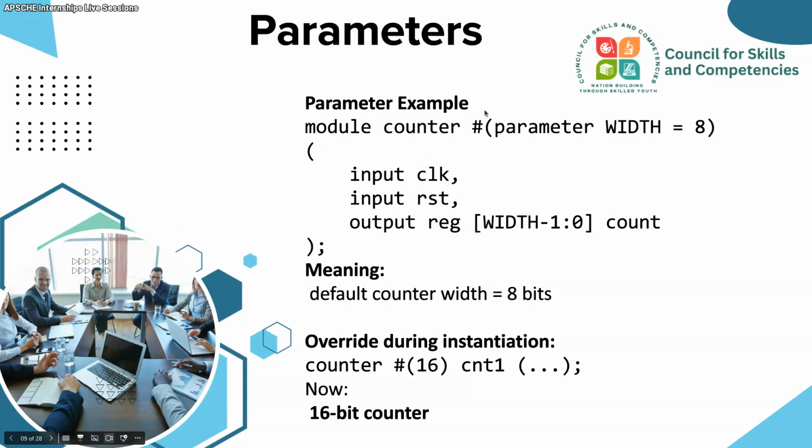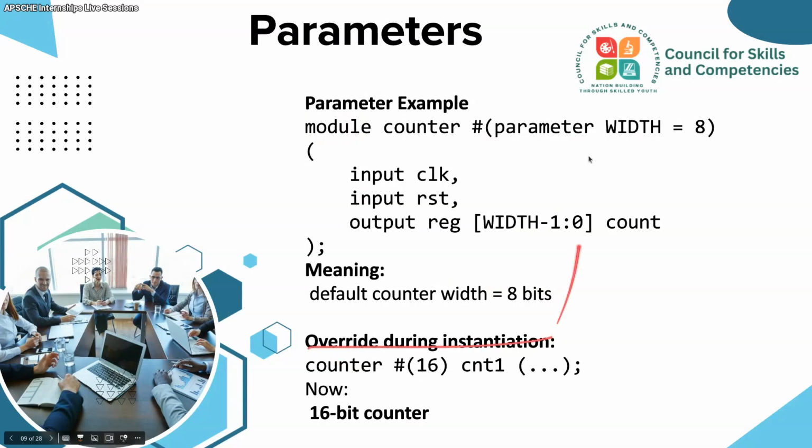Here we introduced one parameter. This is the syntax: you use the hash symbol, open and close with parentheses, write parameter, and you can make the width, say, 8. Instead of writing a hard coded 7 here, you can write 8, and this will be considered.